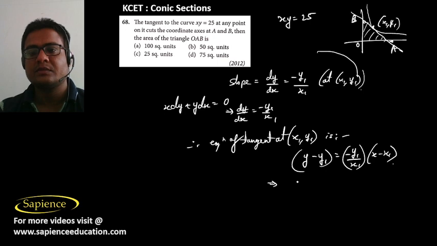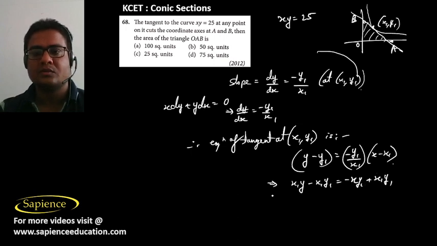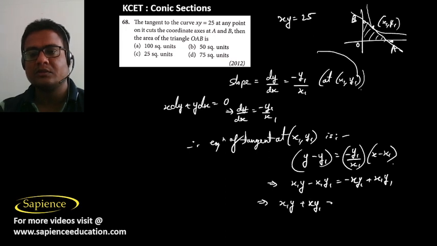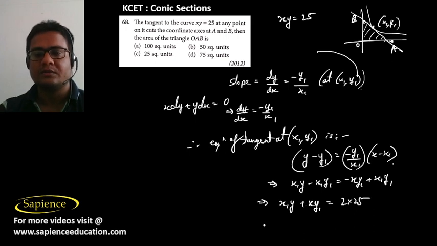Therefore we can say this will be x1y minus x1y1 equal to minus xy1 plus x1y1. Now x1y1 is equal to 25, so this will be x1y plus xy1 equal to 2x1y1, so 2 into 25, that is 50.